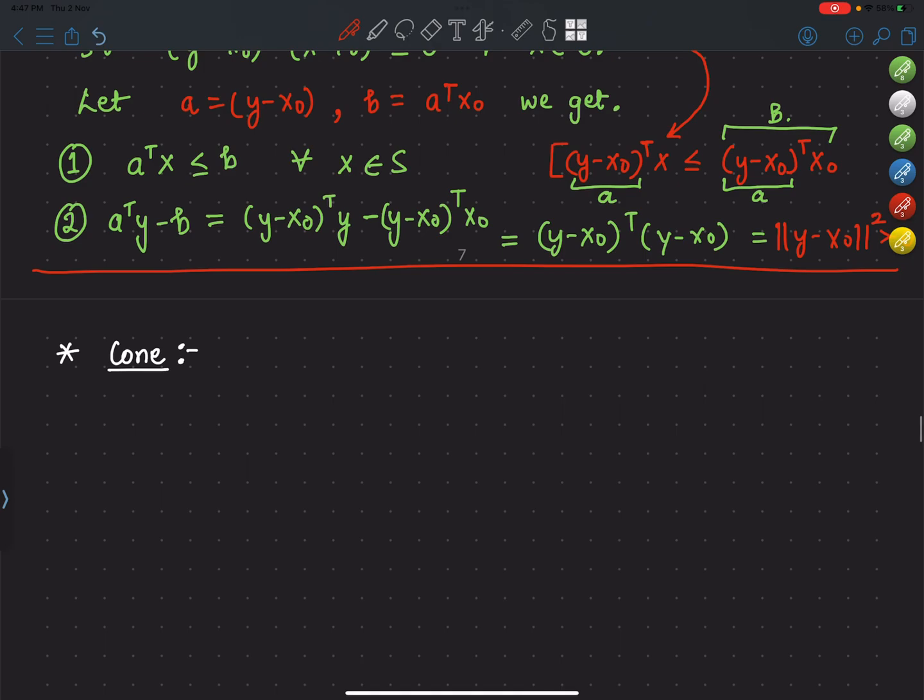Now let's define something called a cone.